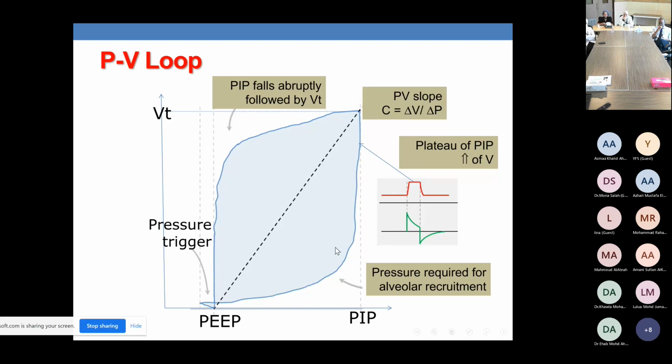So this is the critical opening pressure, because here you have very high pressure, then at a certain point less pressure difference gives very high volume. And here again you drop with the pressure till you reach the critical closing pressure. So a sharp drop. You want to ventilate the baby in this area.